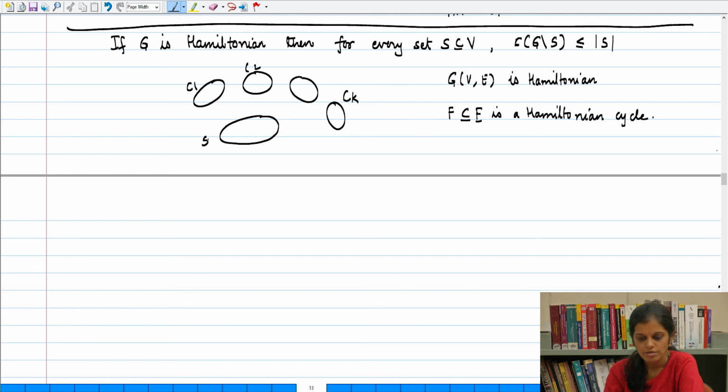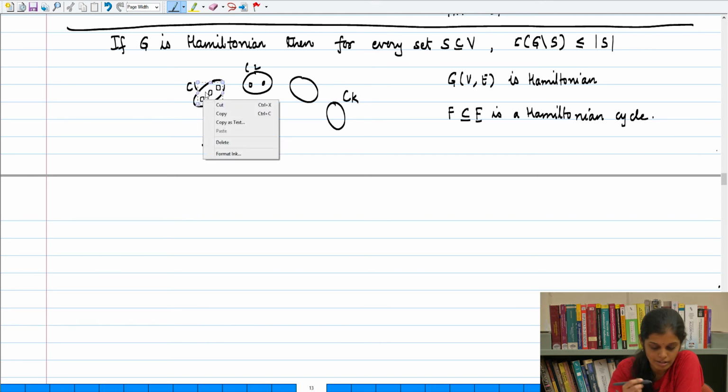Okay, good. So how does the Hamiltonian cycle look like with respect to these components that we have? Can we say anything? For example, however many vertices there are in this component, it must visit all the vertices in this component. Similarly for any other component, but it need not visit them completely inside the component, right? But if it has to visit them, what are the other options? So suppose this vertex certainly will belong to the Hamiltonian cycle.